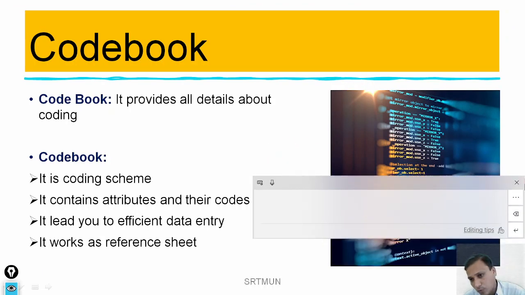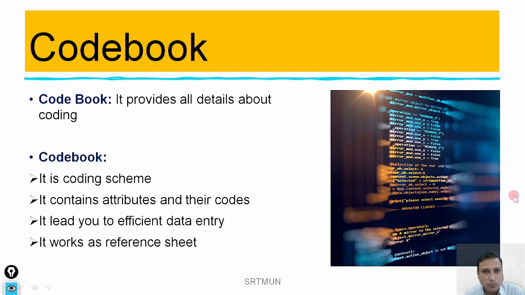So what is a code book? There is one more concept, the code book. Fine. What is a code book? A code book provides all details about the coding. It will explain the variable number, the name of the variable, what attributes you considered, and what numbers you assigned to each particular attribute.